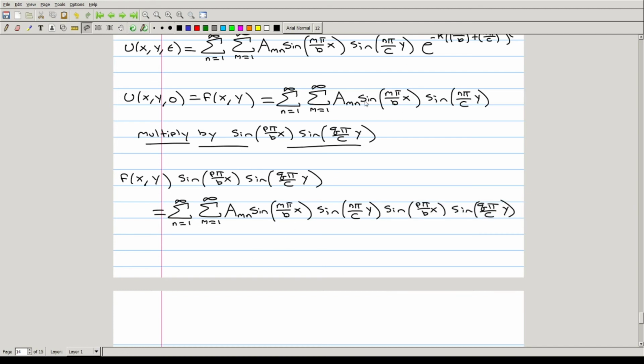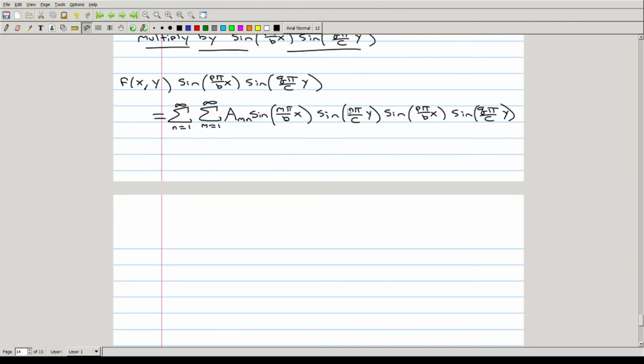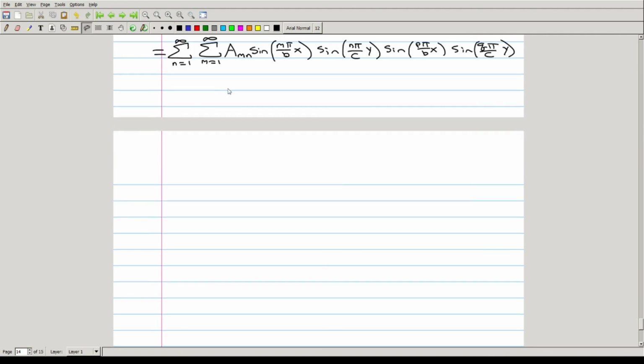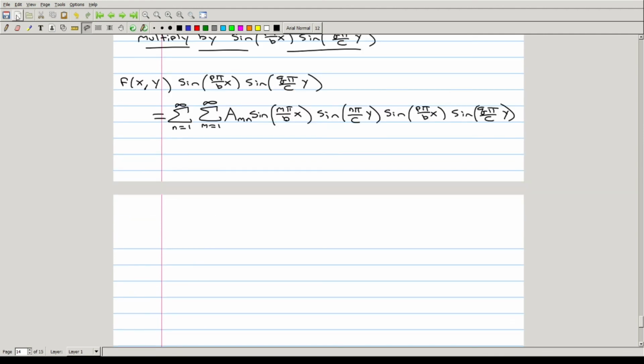And as long as this is a uniformly convergent series, we can go through and integrate this term by term. And if we do this, we can take the double integral from 0 to b in x and 0 to c in y.